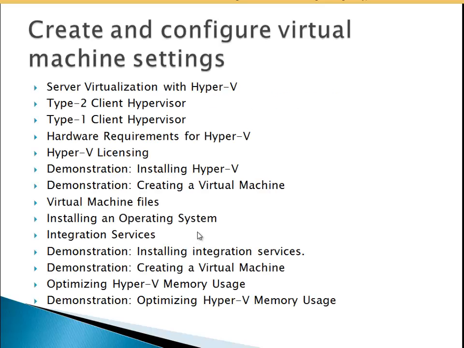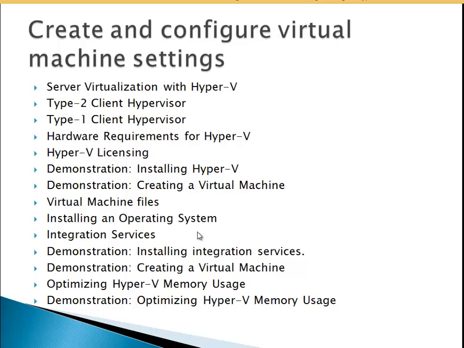Okay, in this lesson we have talked about server virtualization with Hyper-V. We covered the difference between type 2 and type 1 client hypervisors, the hardware requirements we need for Hyper-V. Then we talked about licensing, and did a demonstration installing Hyper-V on Windows 8.1. We created one virtual machine.